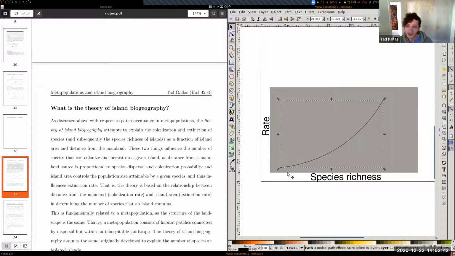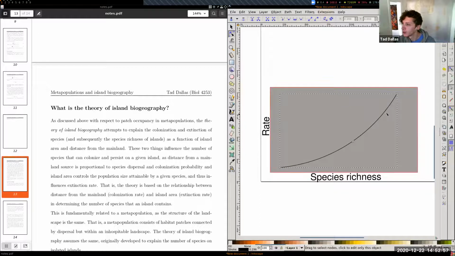All right. So let's consider the extinction rate. This is the extinction rate as related to species richness. We can draw a couple of these lines with different properties. And so this is our extinction rate.